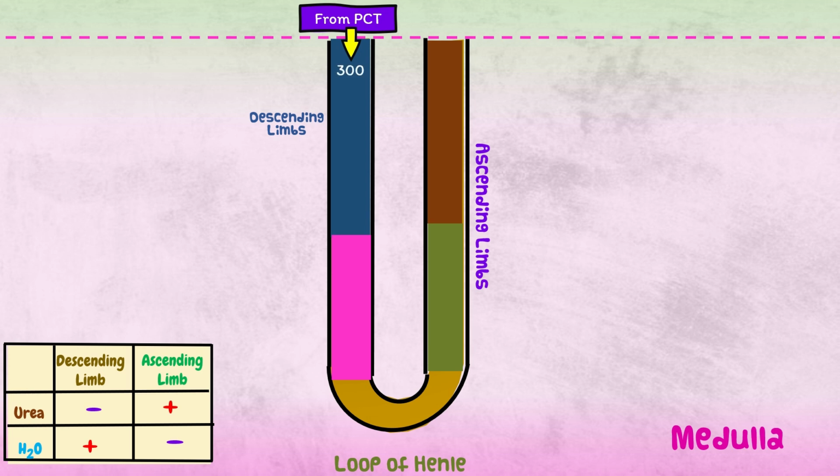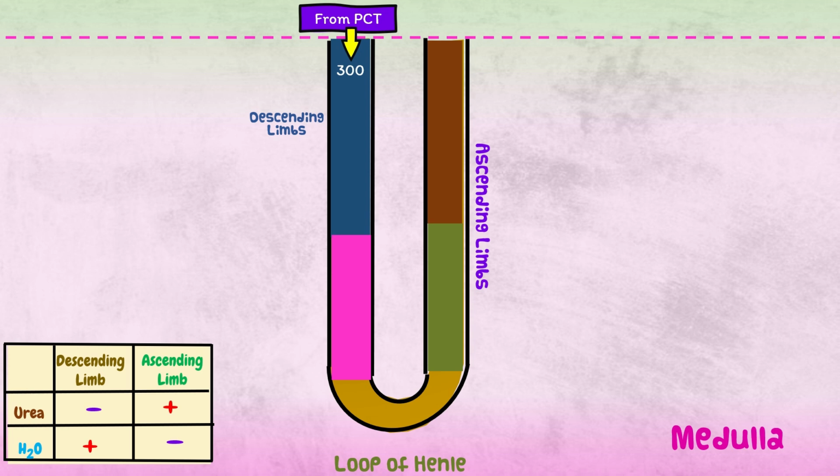The generation of high osmolarity in the medulla depends on the differential permeabilities to water and solutes in different regions, the active transport of ions in the thick ascending limb, and the countercurrent multiplier.